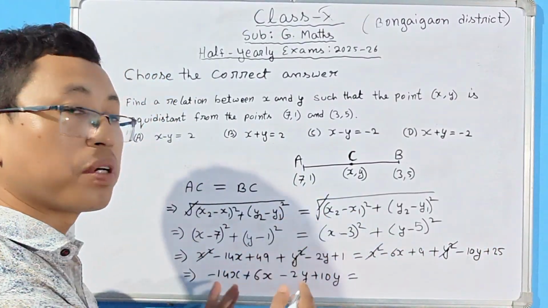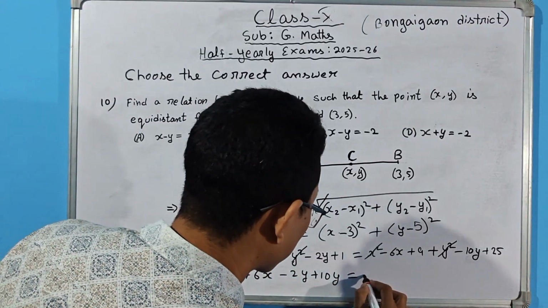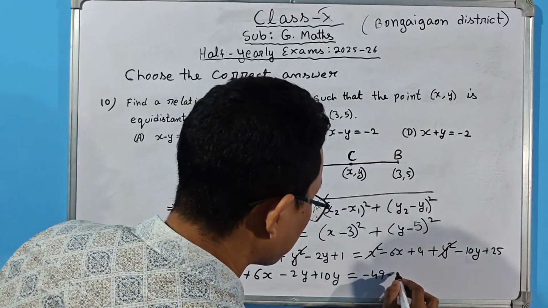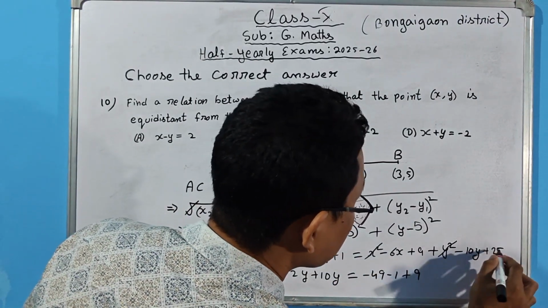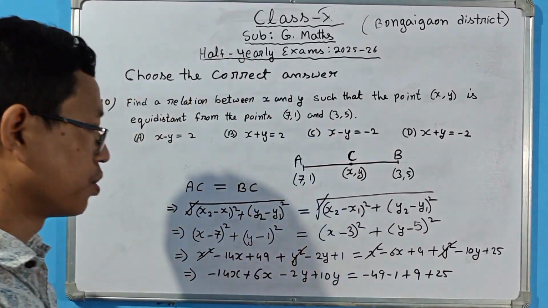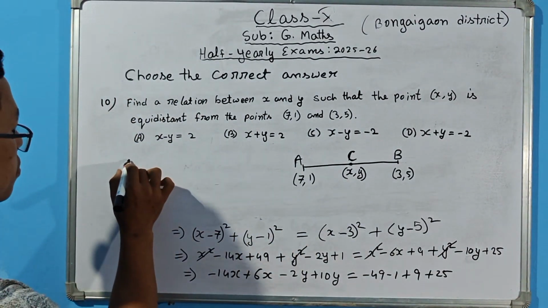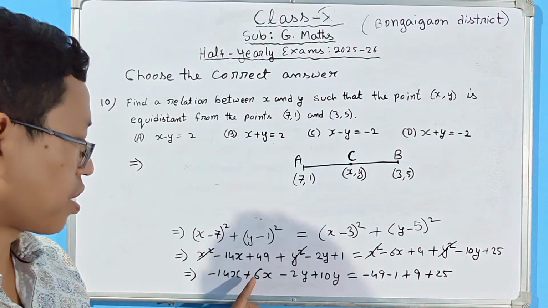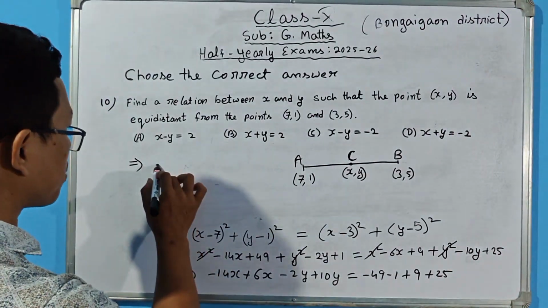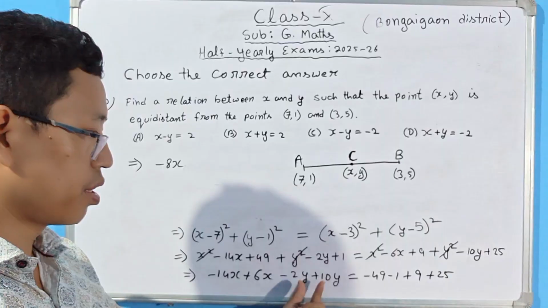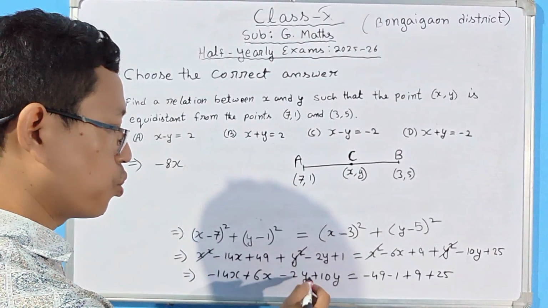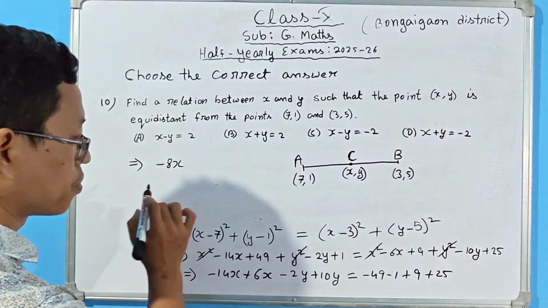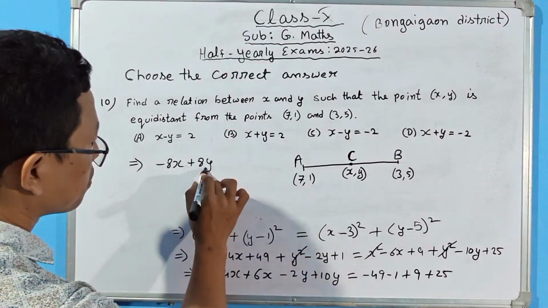We put all the constant numbers on the right, like minus 49, minus 1, plus 9, and plus 25. On solving this we get minus 14x plus 6x, we get minus 8x, and here minus 2y plus 10y equals to plus 8y.